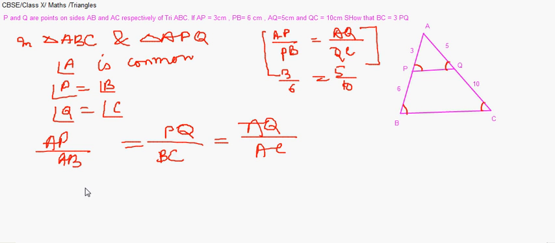Now AP is 3, AB will be 9 because it's 3 plus 6.